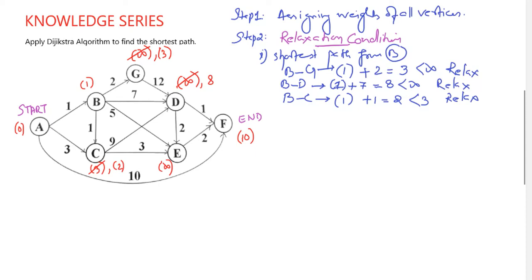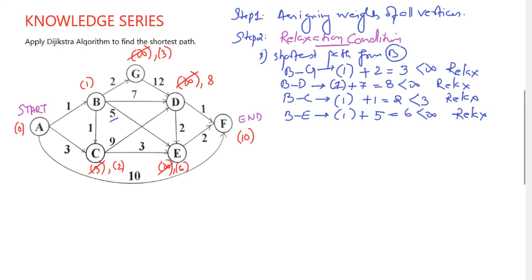Now we go to the next case, that is B and E. That is 1 plus the link cost, you can see here it is 5. So you are getting 6, which is less than infinity. So again relaxed. You can see all the 4 conditions are relaxed. So this is modified to 6.